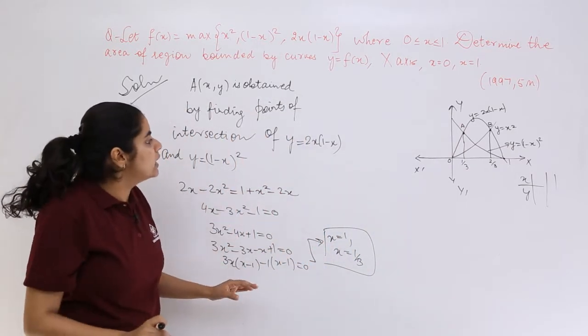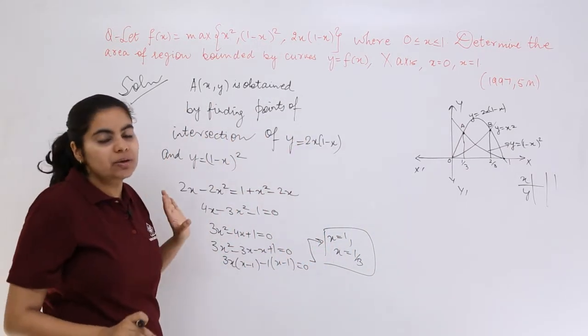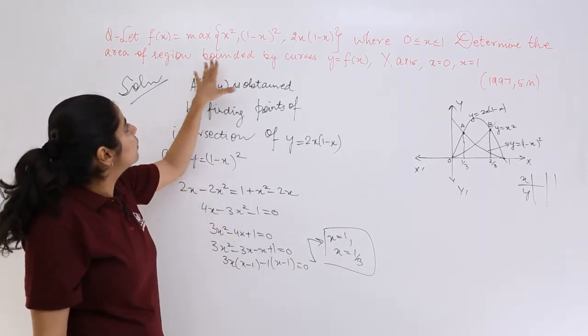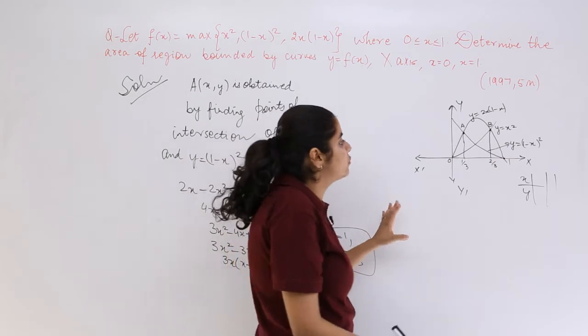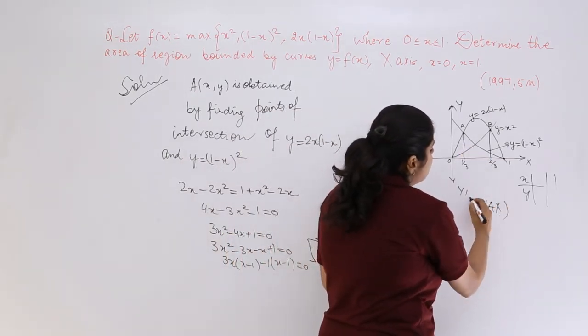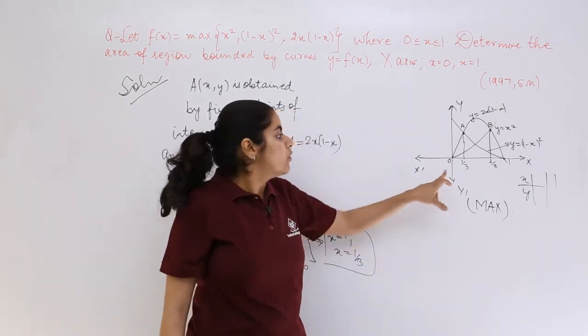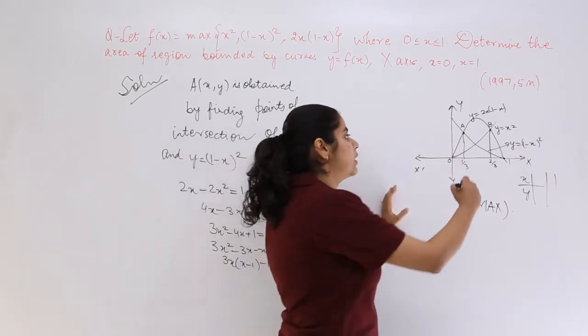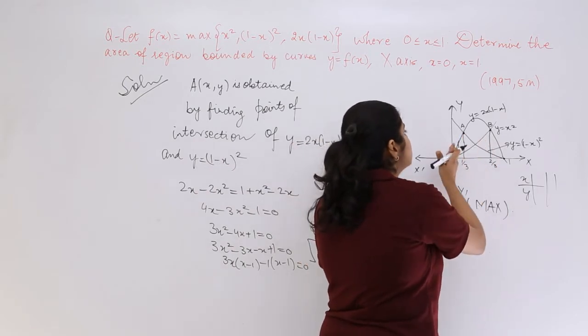So first of all, you are going to find the points of intersection A and B. Now you are supposed to find the area of the region bounded, considering the condition of maxima. So from 0 to 1 by 3, what is maximum? This upper curve is maximum, and which is this upper curve?